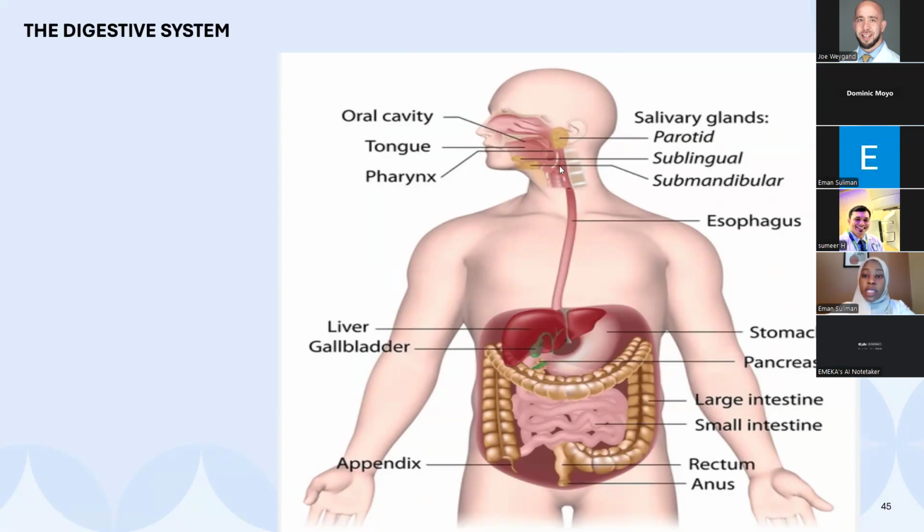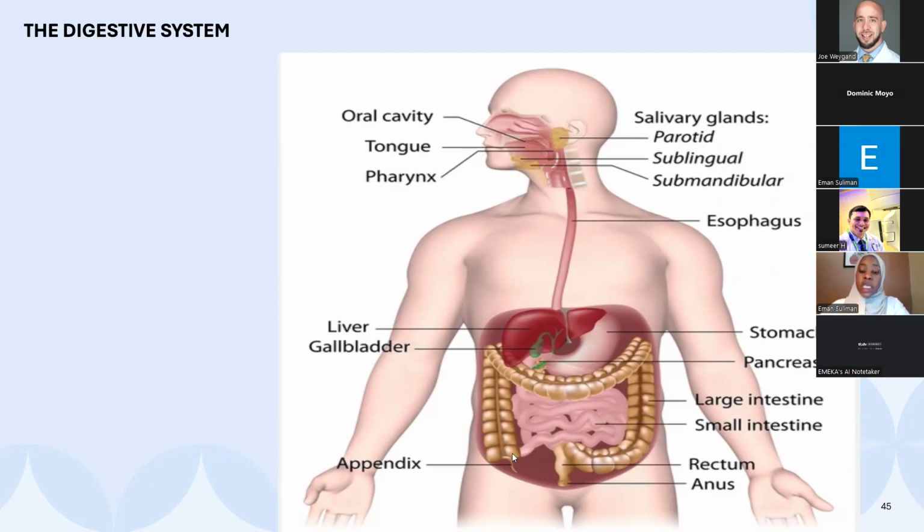In the pharynx, it divides into two: the trachea, which concerns the respiratory system, and at the very back, the esophagus, which continues inside the thorax and then to the abdomen as the stomach. Then we have the small bowel, which has three parts: the duodenum, the jejunum, and finally the ileum.